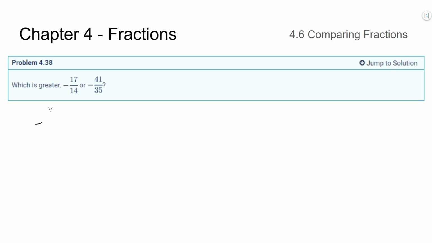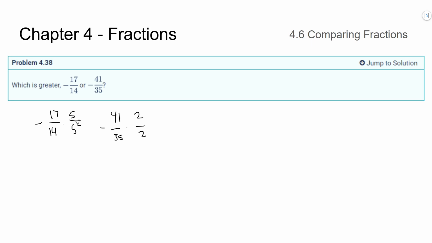So we have negative 17 over 14 times 5 over 5. And we have negative 41 over 35 times 2 over 2. So you don't always have to multiply by the other denominator if you can find a common denominator that is easier.